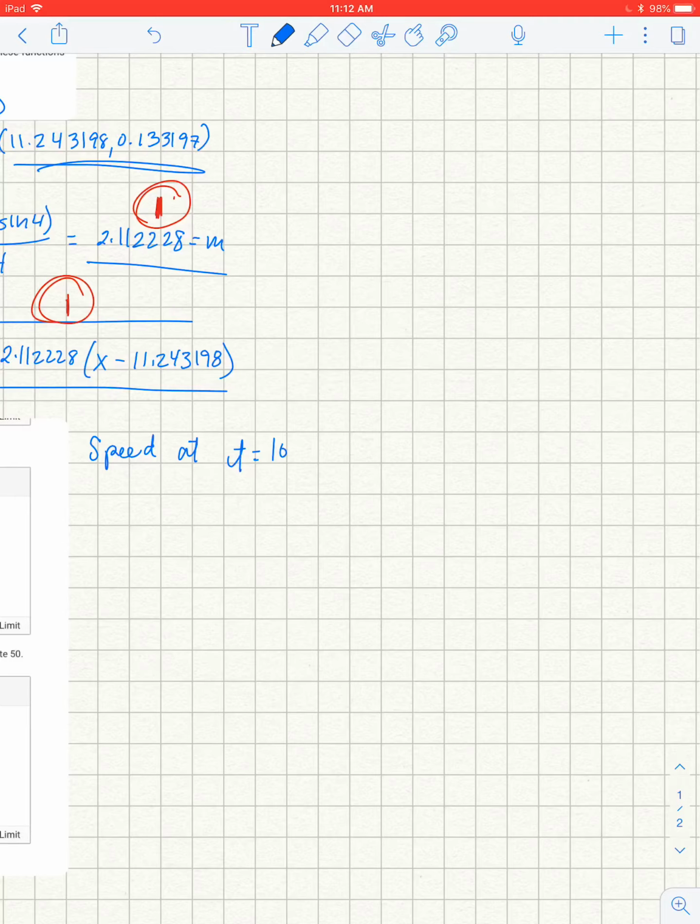So again, with the calculator, you would get x prime of 10 squared plus y prime of 10 squared.